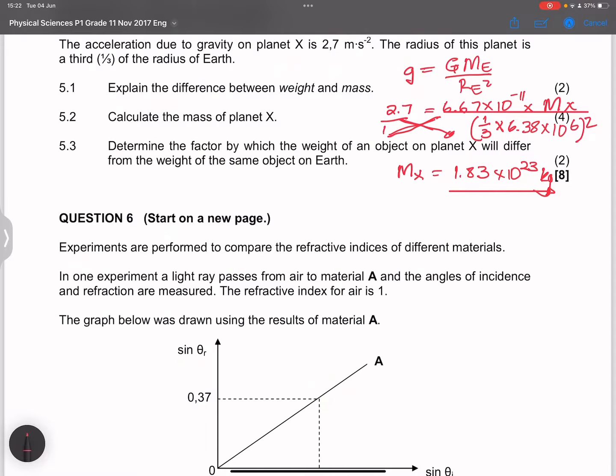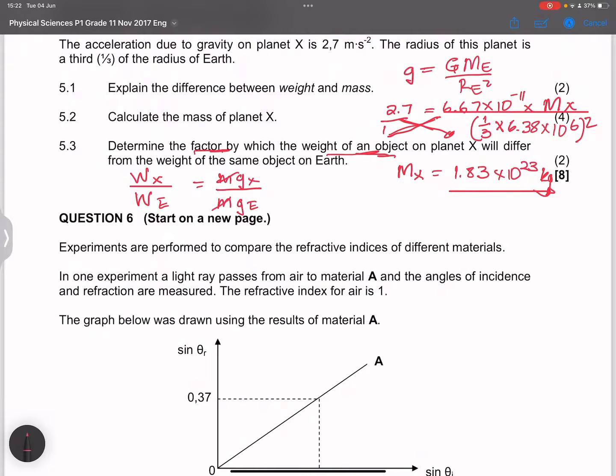Right, so the factor by which the weight of the object on X, so weight on X divided by weight on Earth. Now notice the mass would be the same, right? So this is the gravitational acceleration on X, and this would be the gravitational acceleration on Earth, right?